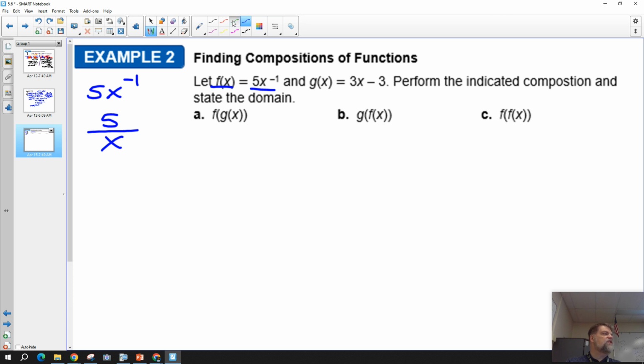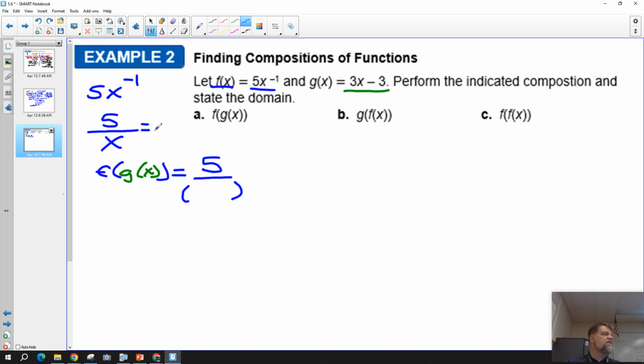And then they give us g of x. So when they say f of g of x, I'll write this over here, we're going to write out f, which we know is 5 over, and then the stuff in parentheses, right?